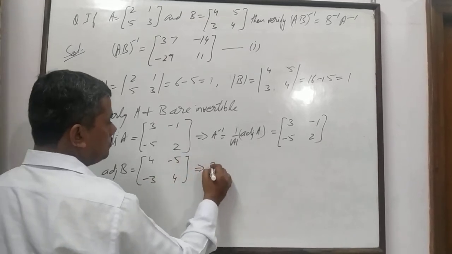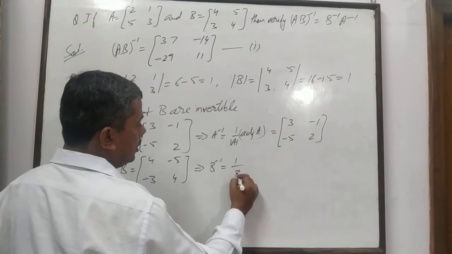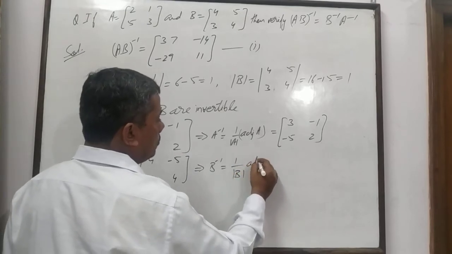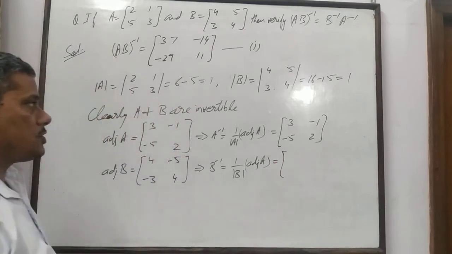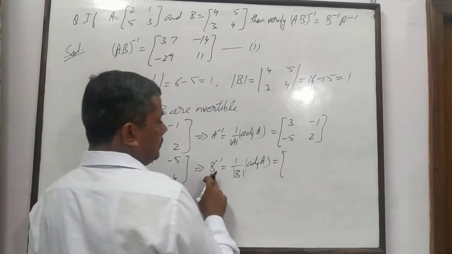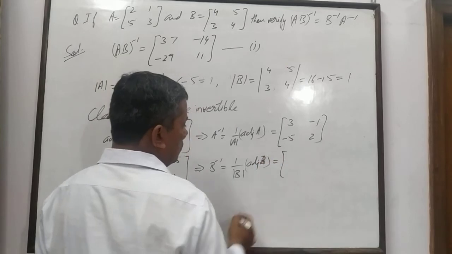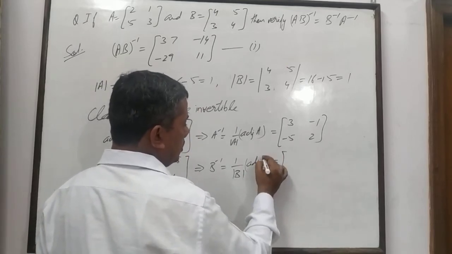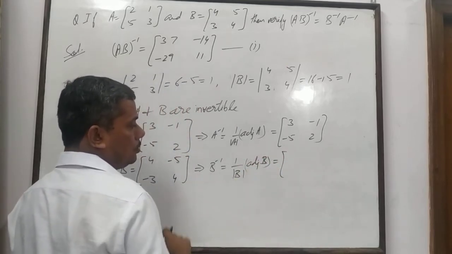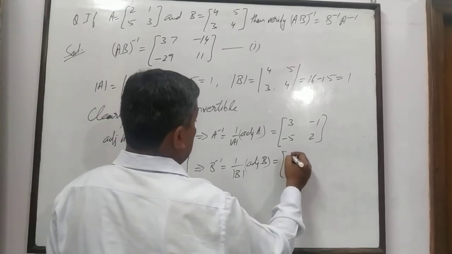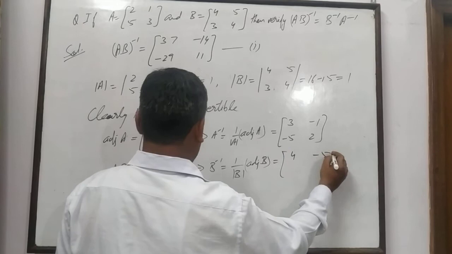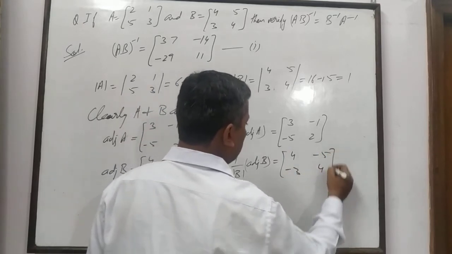So B inverse will be 1 upon determinant of B into adjoint of B. Determinant B is also 1, so B inverse is equal to adjoint of B, which is 4, -5, -3, 4.